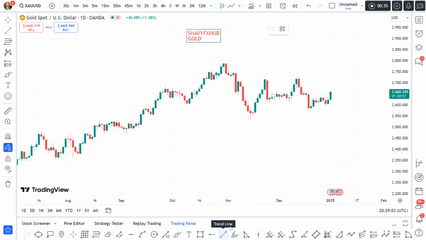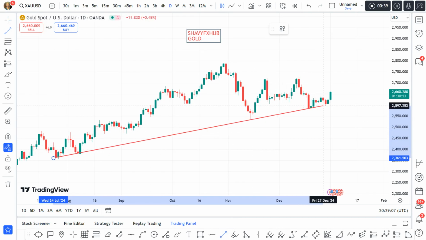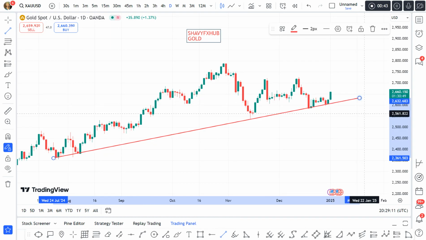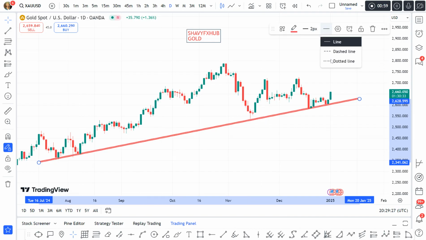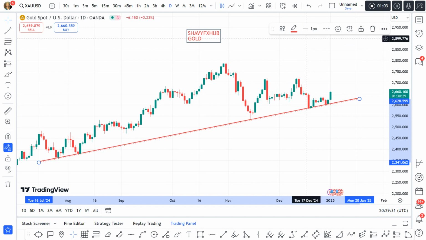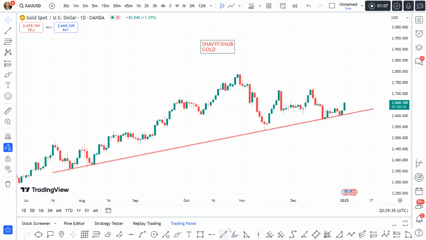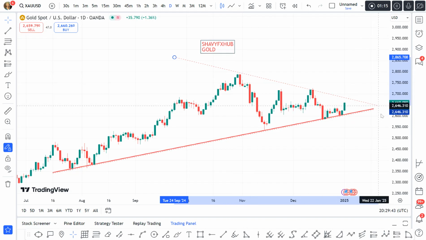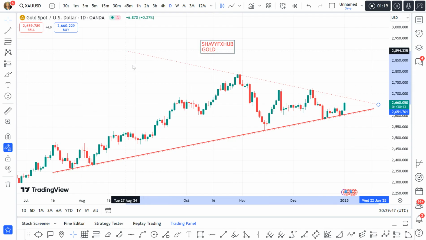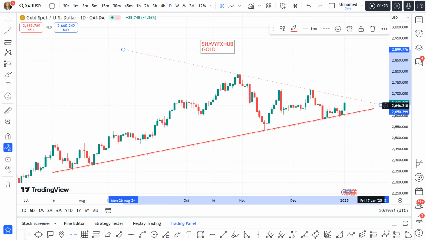On a daily time frame, we want to look at the structure of XAUUSD. XAU has formed a symmetrical triangle and the market is bullish, and the probability of this breakout is upward.